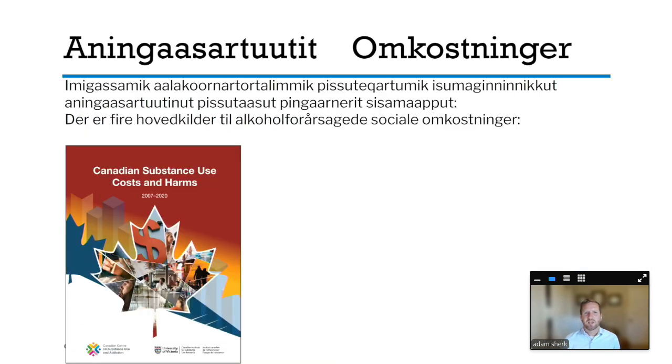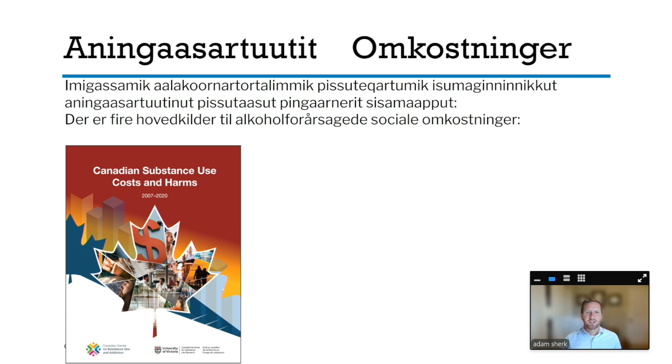If we go to the next slide, I'll now talk a little bit about the social costs caused by alcohol use in Canada. For us, the way that we look at this is that there are four main sources of alcohol-caused social costs. What I talked to you about today is going to come from this report, which I show here, that I'm one of the lead authors of.